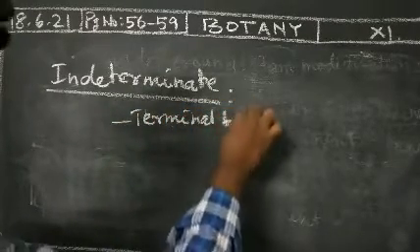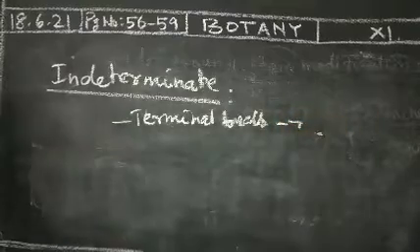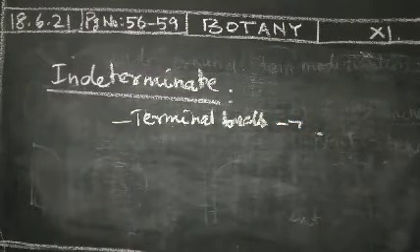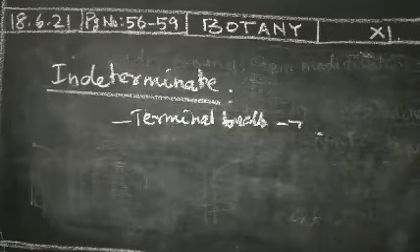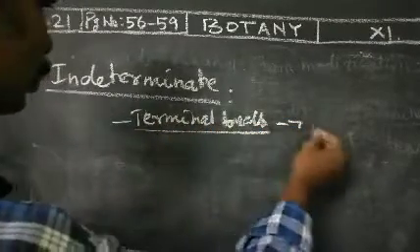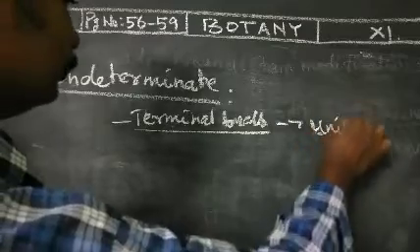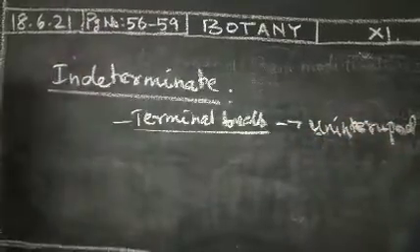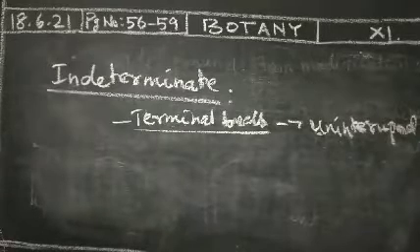The terminal buds grow in an uninterrupted way, and they produce several lateral branches. These are called indeterminate.